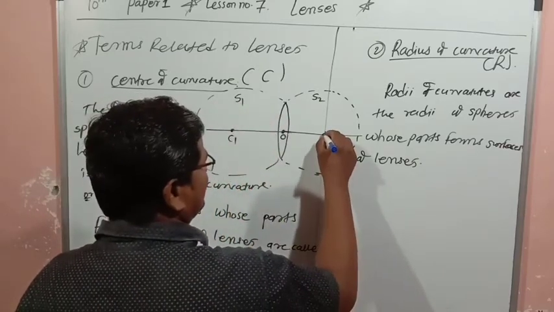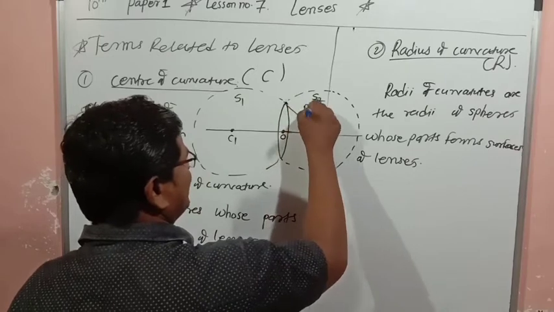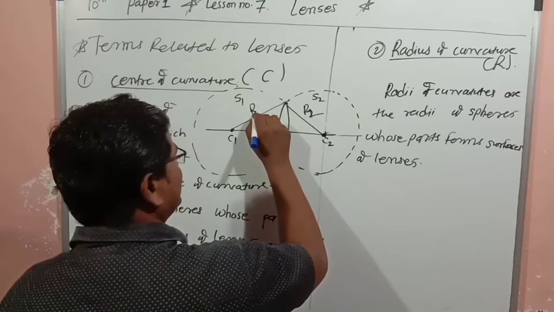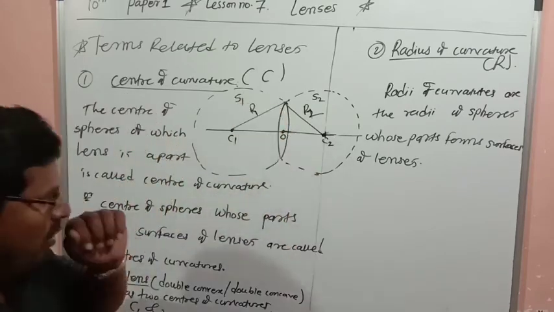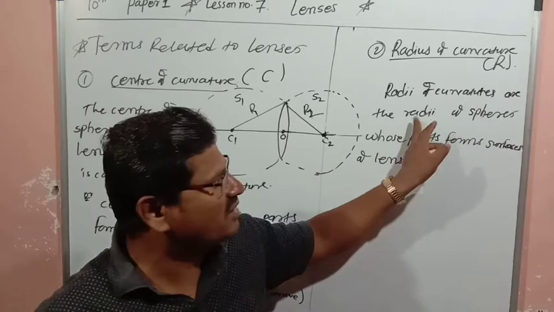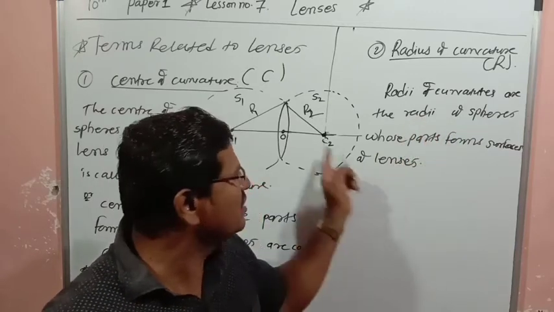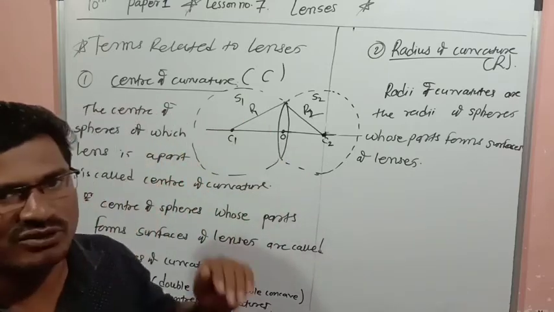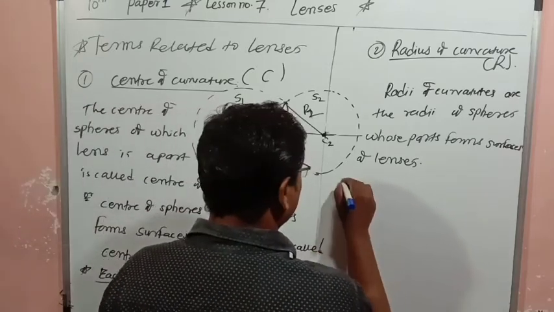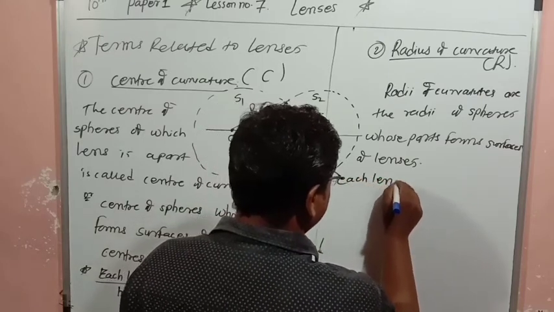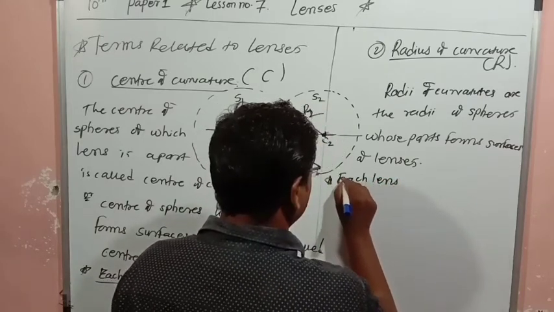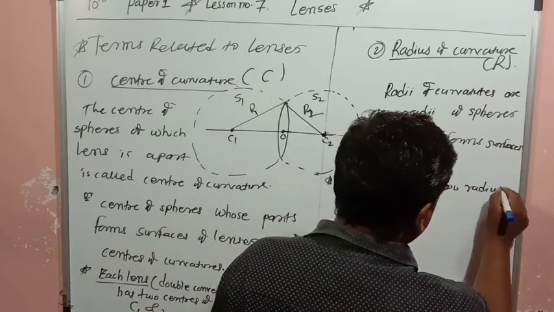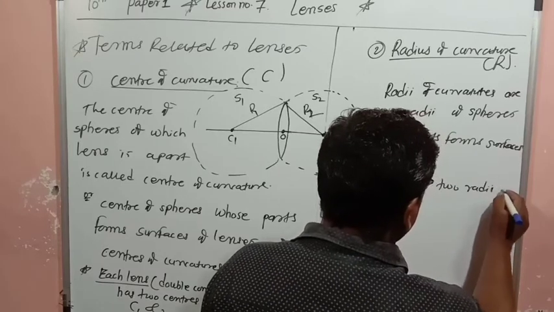Suppose from here one radius is R1 and the other is R2. So radii of curvature are the radii of the spheres whose parts form the surfaces of lenses. And another thing is that each lens has two radii of curvature.